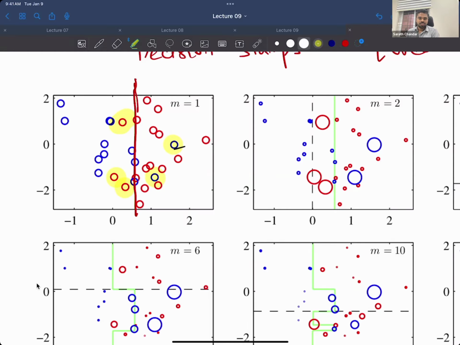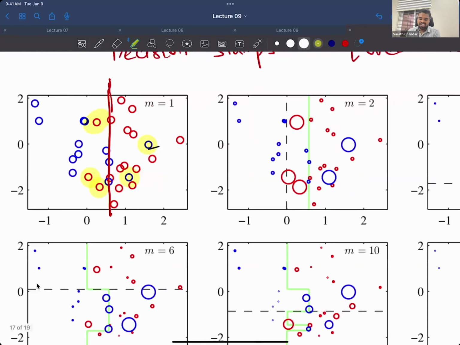So now you see, when you start training the second model, the sizes of the circles of all these mistakes are bigger. I have increased the weight for the things which are mistakes. So now I'm going to train a second classifier.